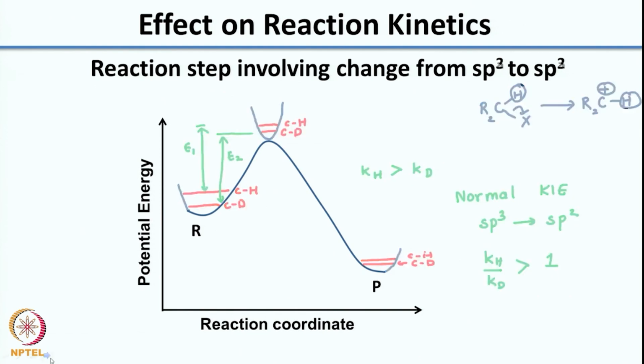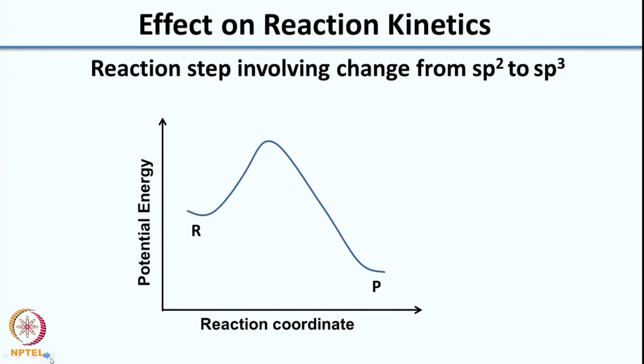Now, what happens when you go from sp2 to sp3? The example that we had looked at earlier was the Diels-Alder reaction. So, if you have, let us see, these are the hydrogens that we are substituting, reacting with some sort of a dienophile.